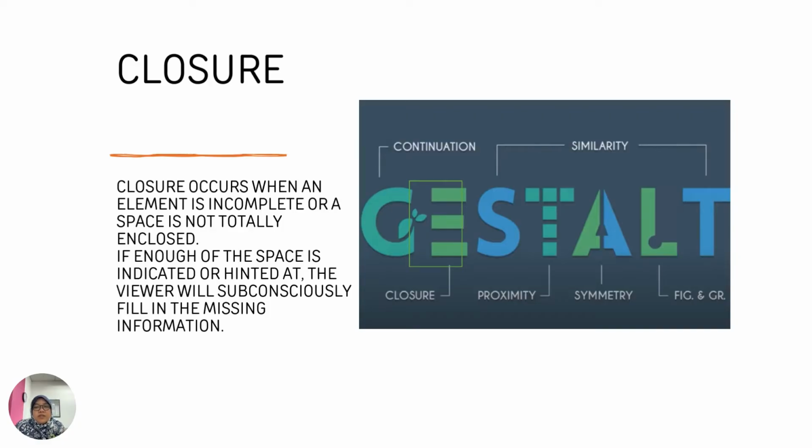Okay, so closure, for example, in the E here, even though there is no line on the left showing that it's an E, our mind automatically makes this invisible thought in our brain saying that it's the letter E, because we know that it's the word Gestalt.